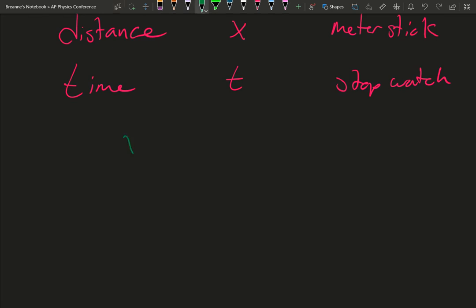So if you think about drawing a graph here, I'm going to give you a hint. Time is always on the x-axis. So it'll be time, distance. But if we look at our equation, x equals 1/2 a t squared.